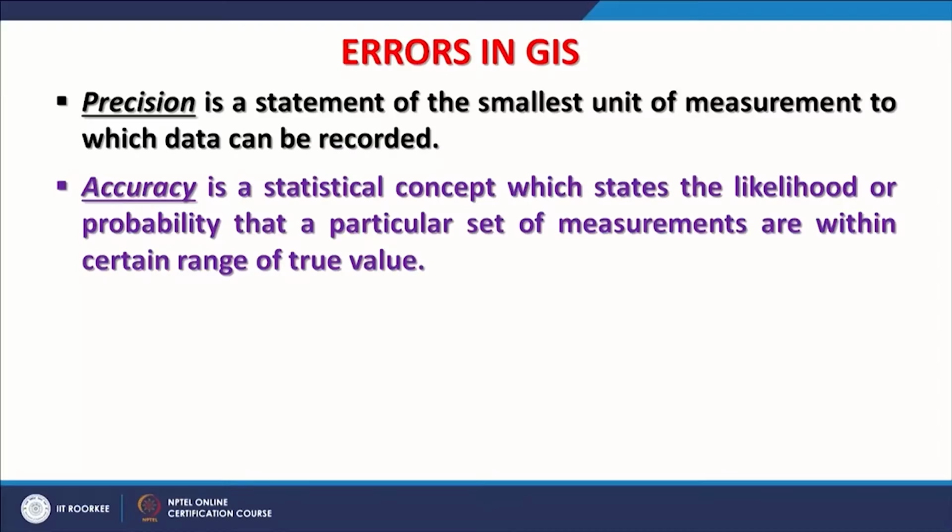Another term is accuracy, which people many times take synonymously, which is completely wrong, because these two terms are completely different. Accuracy is a statistical concept. Basically, it states the likelihood or probability that a particular set of measurements is within a certain range of the true value. If you recall your schooling days, especially the physics experiments, our teachers used to say, do this experiment 5 times, then take an average.